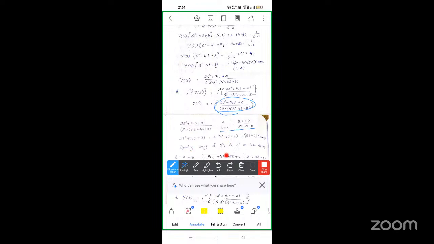Next, the same here also: comparing both sides, the s square coefficient, s coefficient and constants.